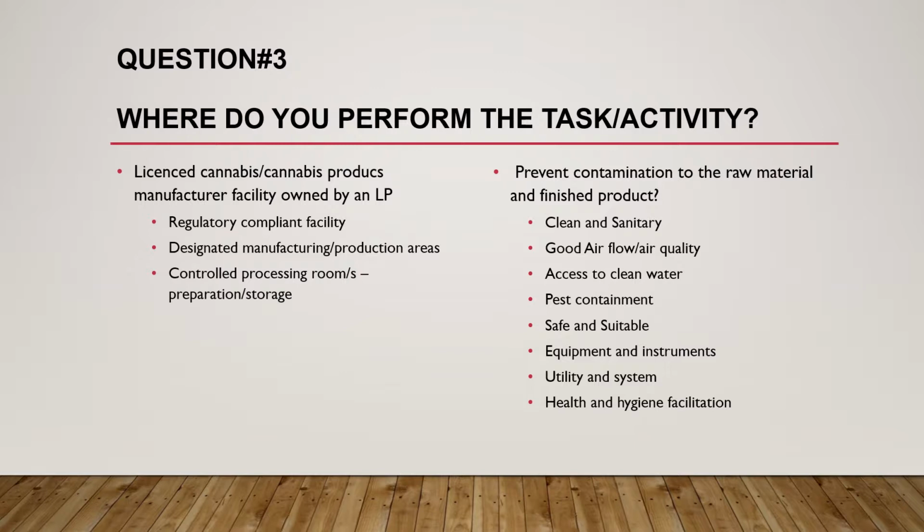You want to be clean and sanitary. You want to have good airflow and air quality, access to clean water, pest containment, safe and suitable processes, equipment and instruments that are appropriate, utility and systems that are easy to maintain and keep contamination free, health and hygiene facilitation. These are all things you need to have in place, and these are all areas in which you will be developing standard operating procedures.